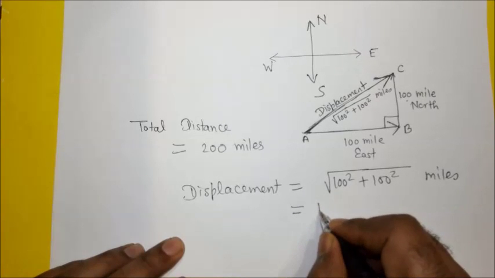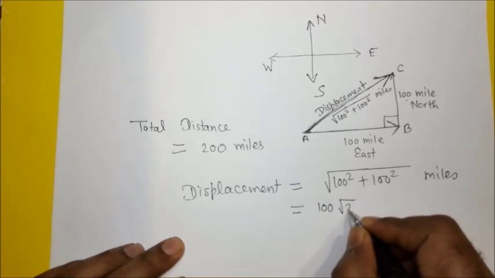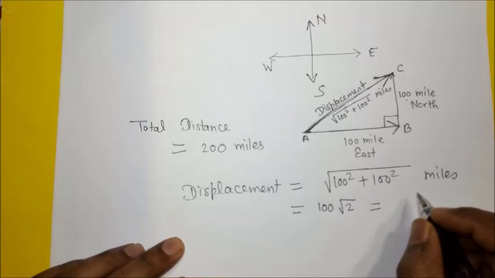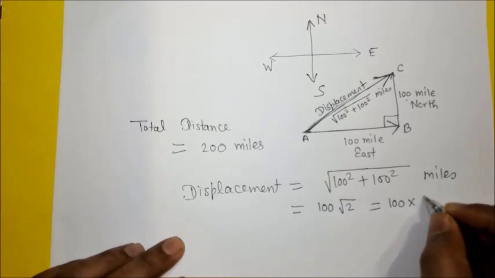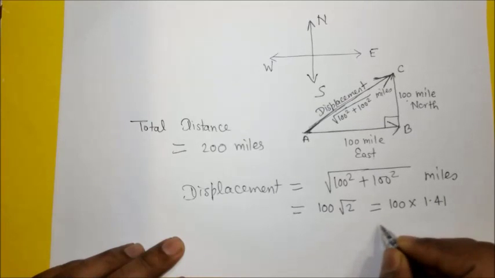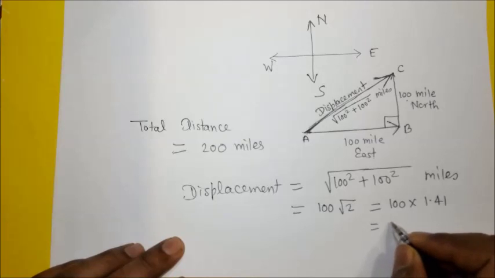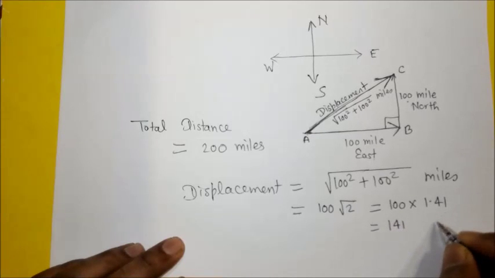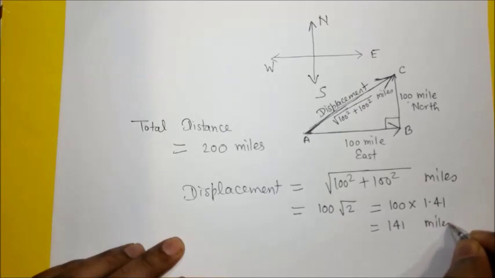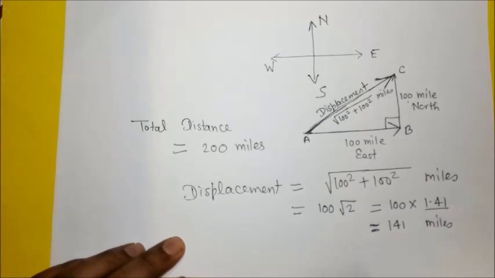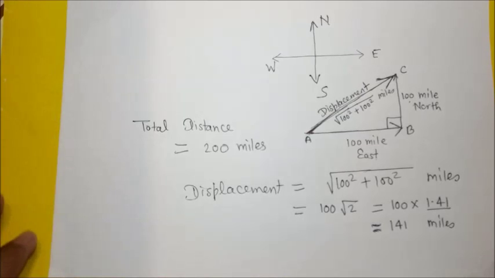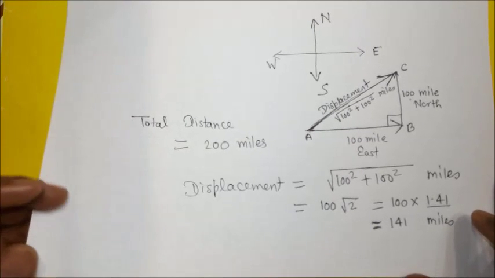If you calculate it, it comes to 100 square root of 2, and you can take 100 times approximately 1.41, which is 141 miles approximately. Okay, because this is an approximate number. Alright.